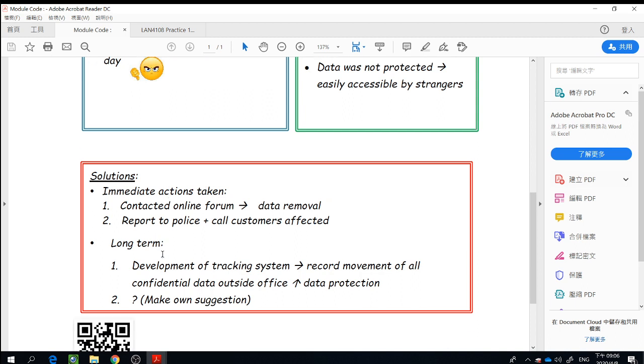And then for the long-term solution, there is a development of a tracking system. We are going to develop the tracking system, and we are going to remove the movement of all confidential data outside the office from now on. This can enhance the data protection in a better way. And then the second one, you can make it on your own.